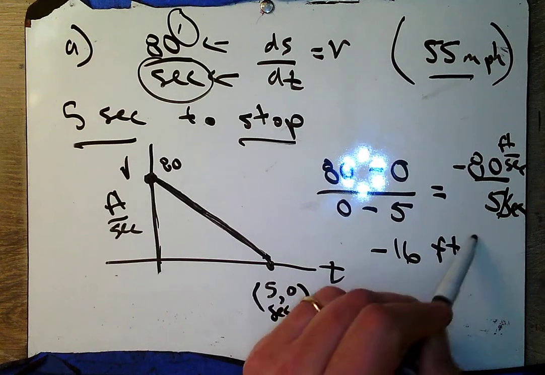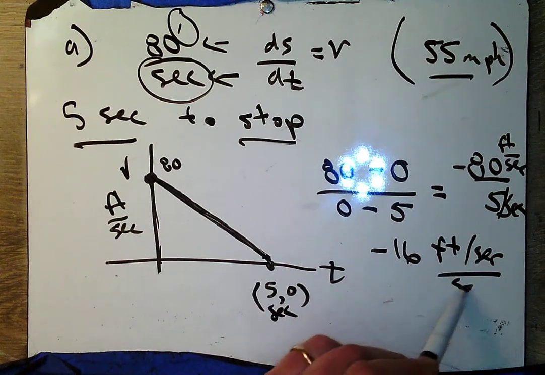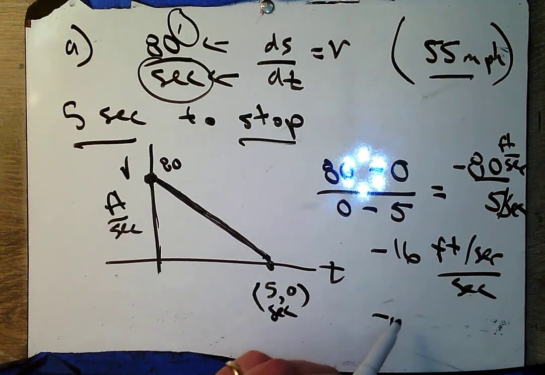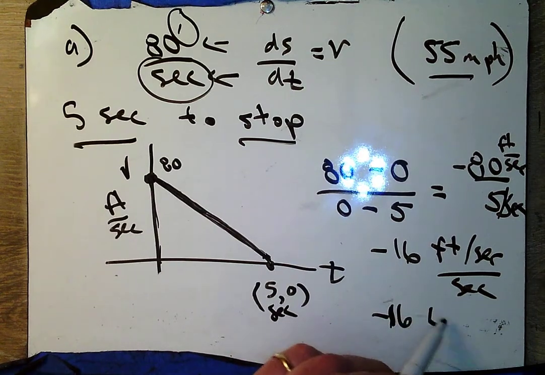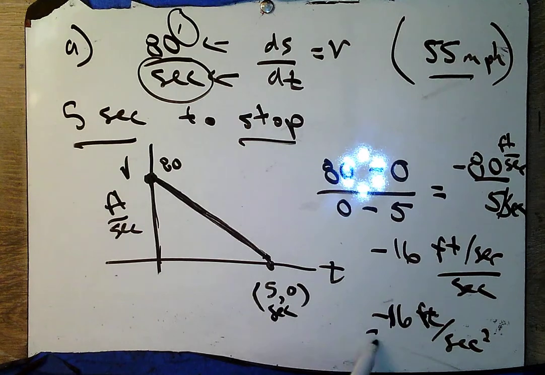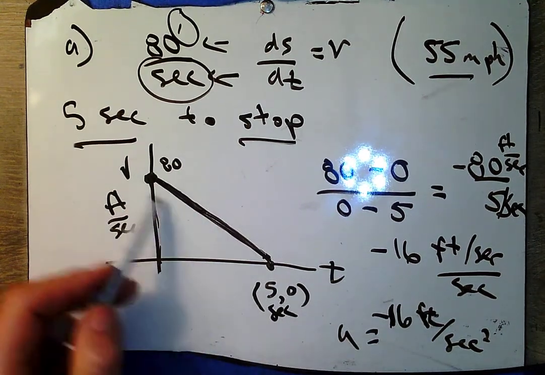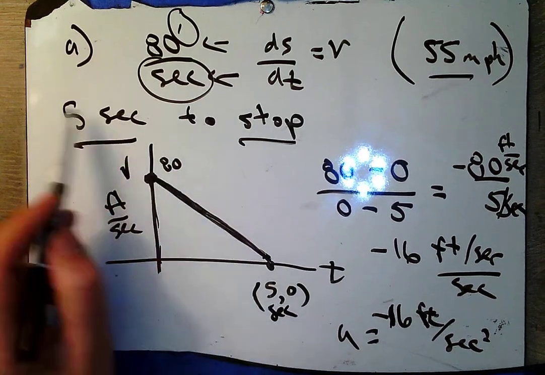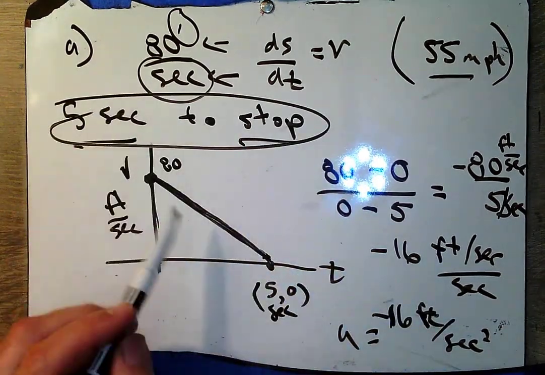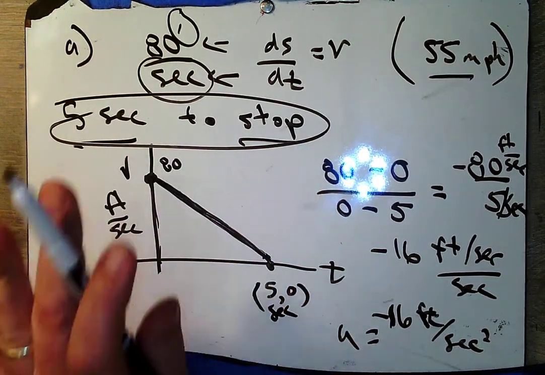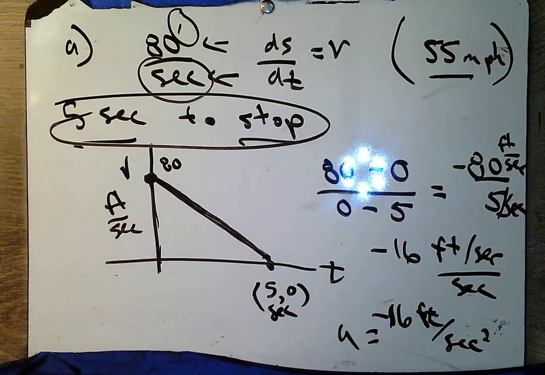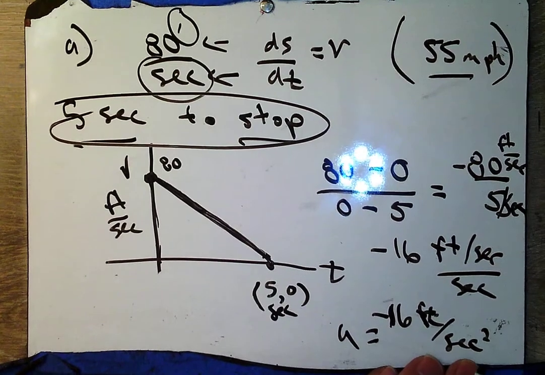So we have feet per second over seconds, or as some of you prefer, because it's cool to say, feet per second squared. We know this is our acceleration. And look, it's constant, as long as we're pressing on that brake with the same amount of force for the whole 5 seconds. Okay, there's acceleration.